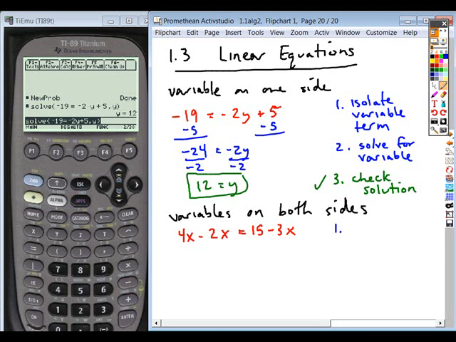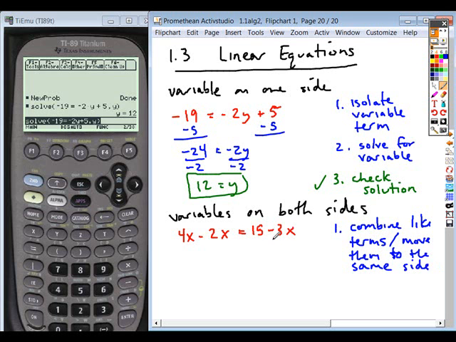Combine my terms. Perfect. Combining like terms means you may need to move all of them to the same side. Once you move all your like terms to the same side, you can do that in one single step.